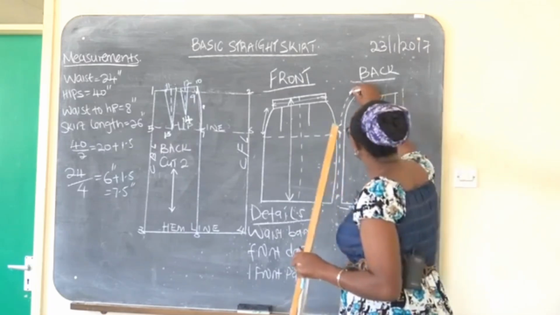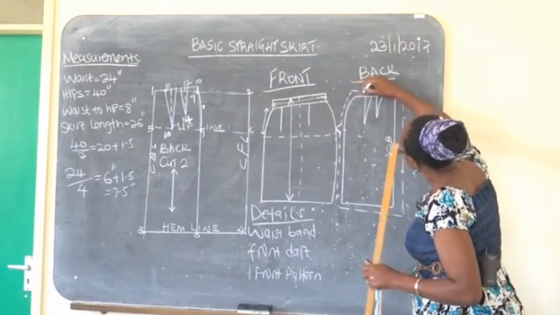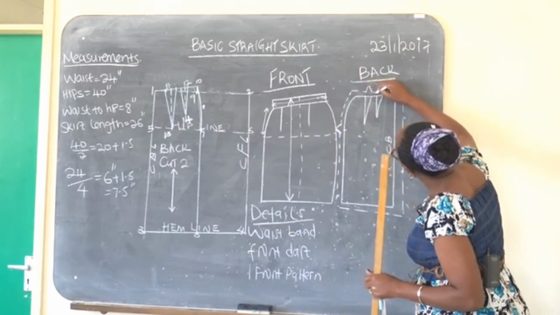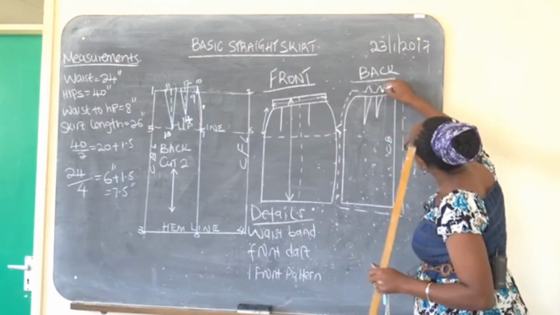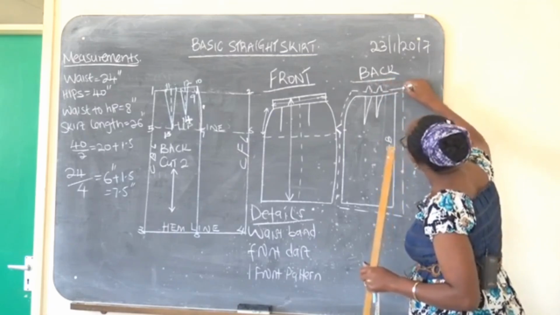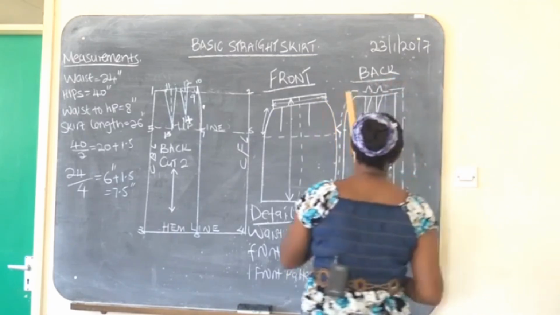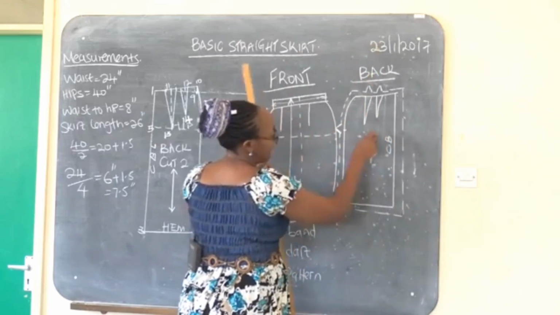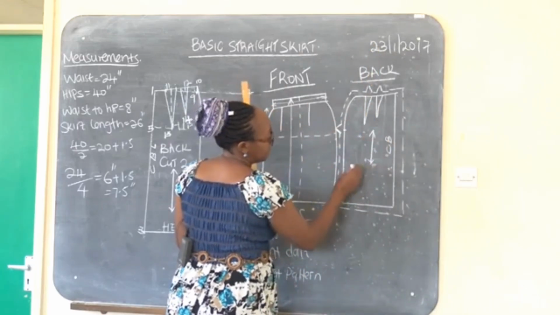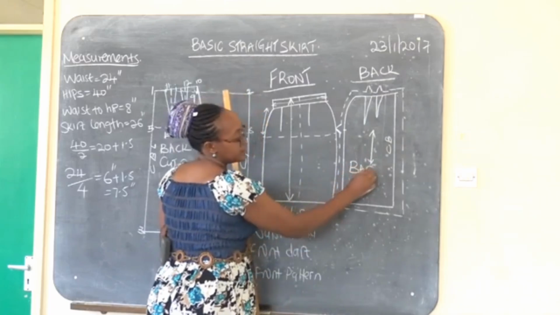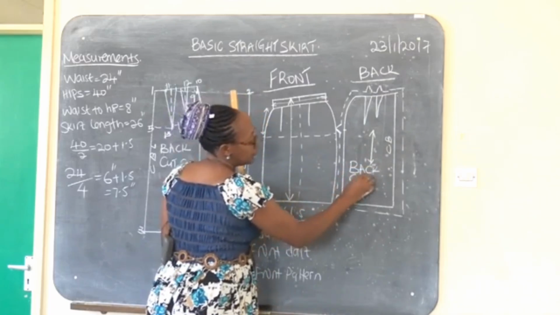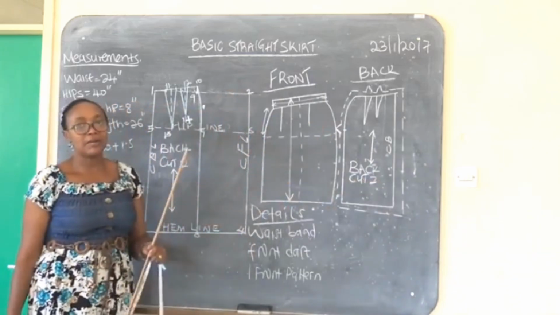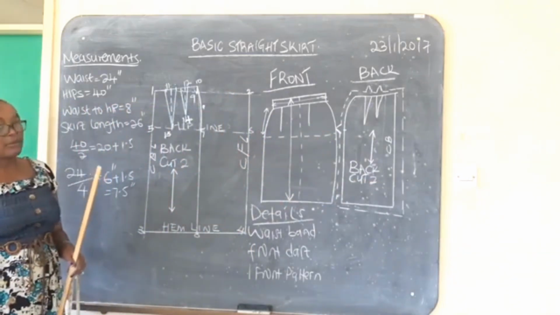Then you give a notch to show the dart, and another notch there, and there we have our back pattern for the skirt complete. So this is the back part, cut 2. It is a complete pattern for the back.